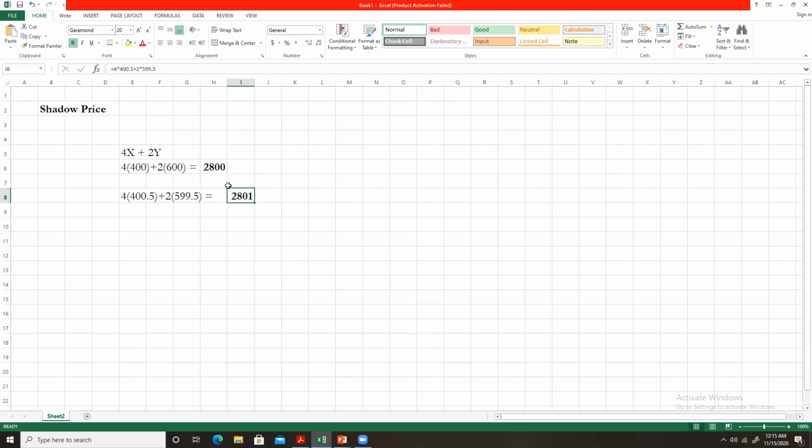So this 2800 represents the total contribution that we are getting from 400x and 600y, and this 2801 represents the contribution that we are getting from 400.5 liters of x and 599.5 y.